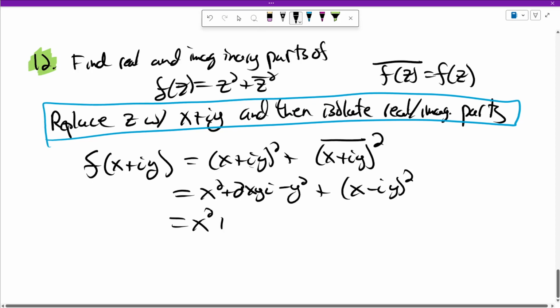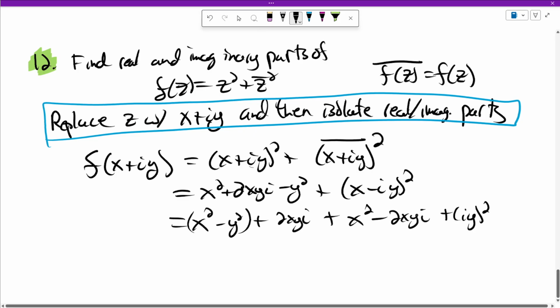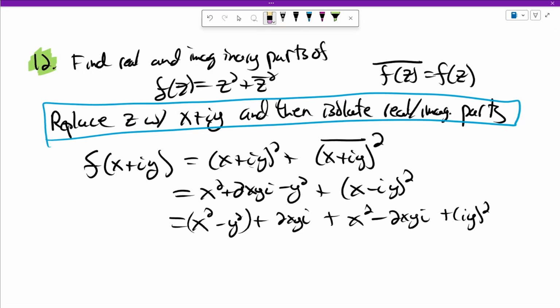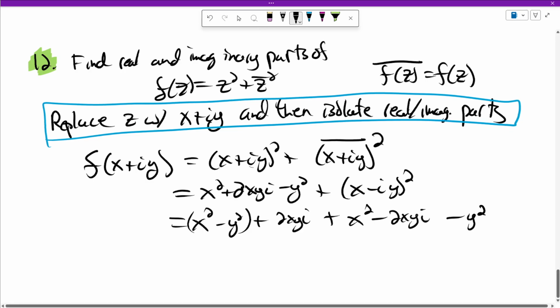So we get x squared minus y squared plus 2xyi plus x squared minus 2xyi plus (iy) squared. Here it's a little bit confusing with all the negative signs. Let's be clear. So we have an i squared, so I think that means this is going to be a negative sign at the end.